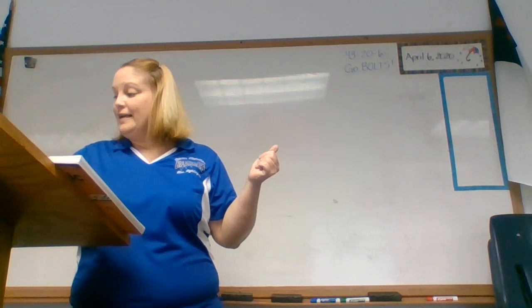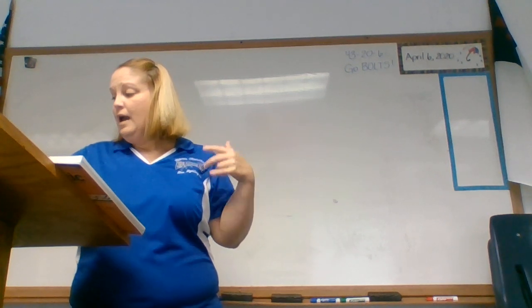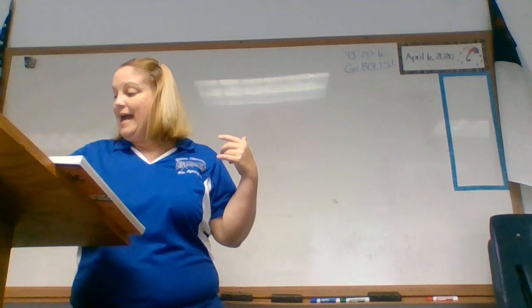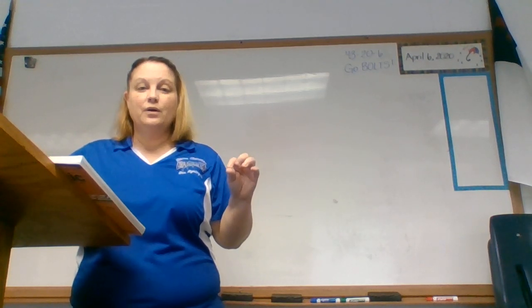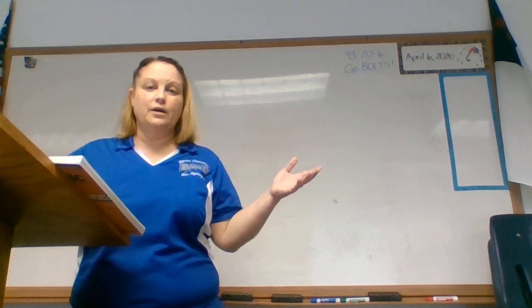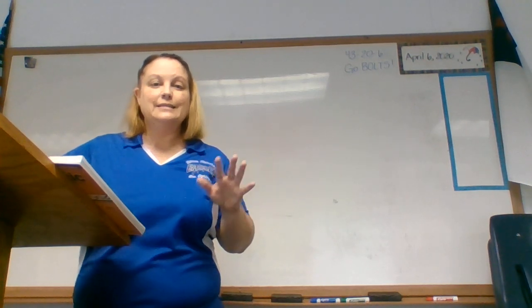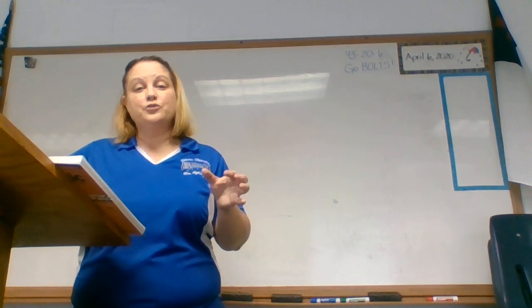Number 5, you're finding the circumference and the area, and it gives you a 9-foot radius. Now remember, radius is used in the area formula. What's used in the circumference formula? Diameter. Please make sure you're using the correct information.